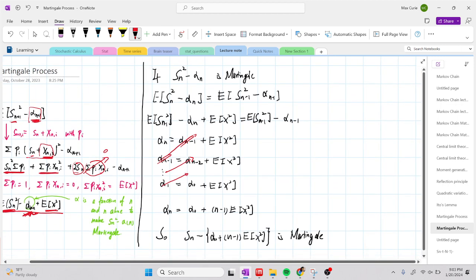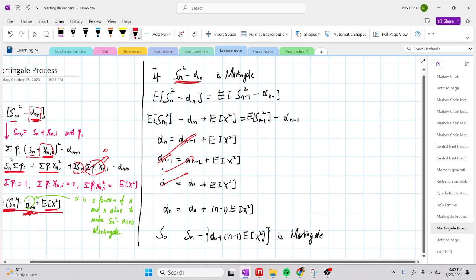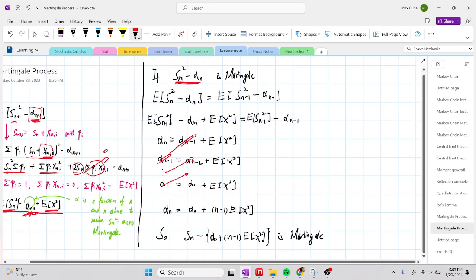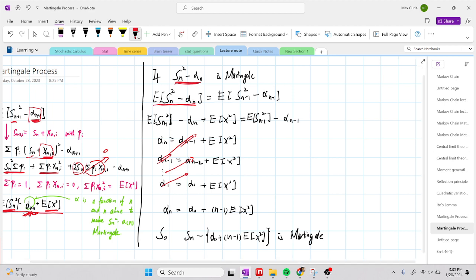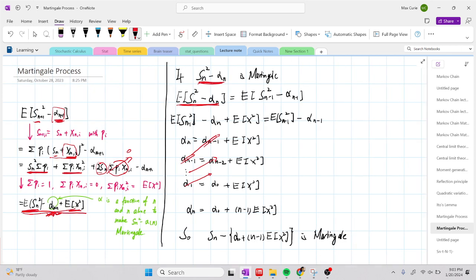So if we assume Sn squared minus alpha n is a Martingale, then we have Sn squared minus alpha n equals Sn minus 1 squared minus alpha n minus 1. Just plug in both sides of this equation.